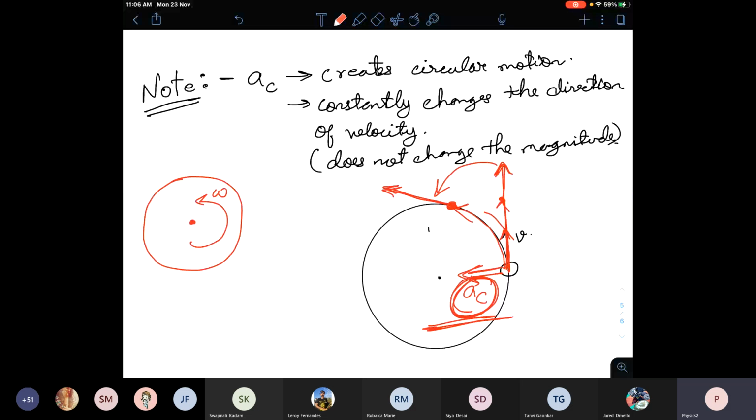So this is the work of centripetal acceleration. You have to always remember centripetal acceleration is the acceleration which changes the direction of velocity but not its magnitude, which is what I have written in this point.